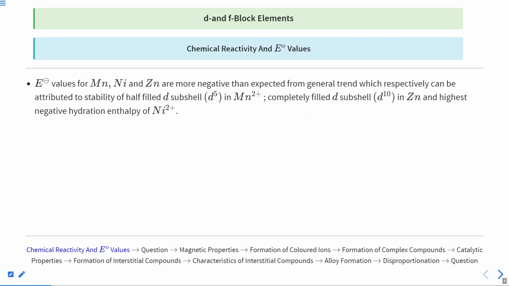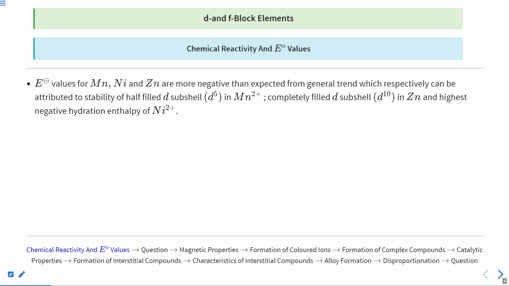Now, the E naught values for manganese, nickel, and zinc are more negative than expected from the general trend, which can be attributed respectively to the stability of the half-filled d subshell in Mn2 plus. What does it mean? It means that the E naught value, the reduction potential for going from Mn2 plus to Mn, or Ni2 plus to Ni, or zinc 2 plus to zinc, is more negative.